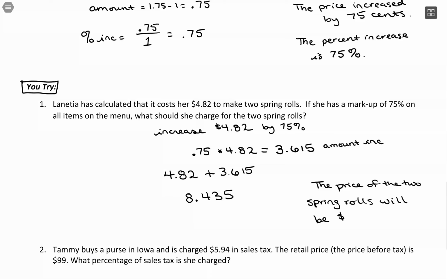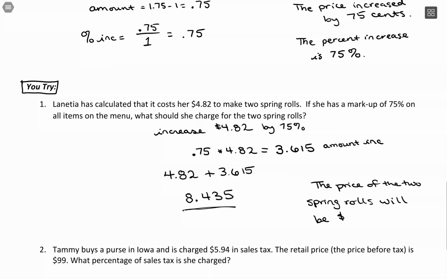Something that I say in my classes is that in the math part of our work, we want to keep the numbers as exact as possible. Keep all the decimal places as long as you can. Store values in your calculator. But then show me that answer. I do want to see this 8.435 because that's the mathematically correct value. But when you get to the sentence, it's like you're presenting this information to someone else. So we want to think about how we would speak to another person.